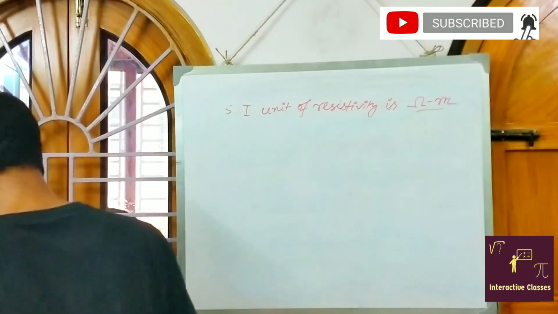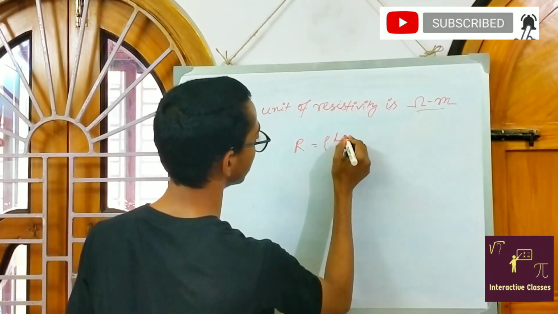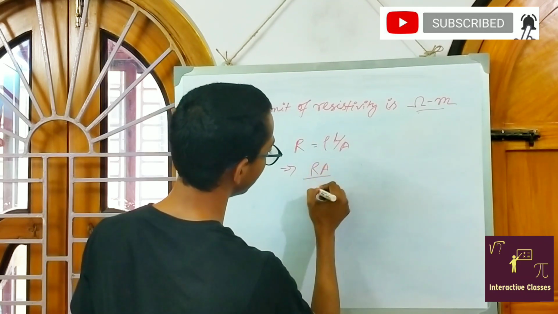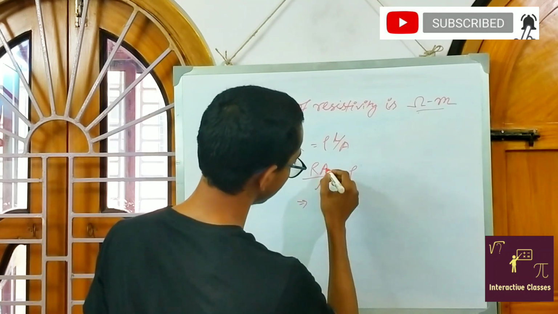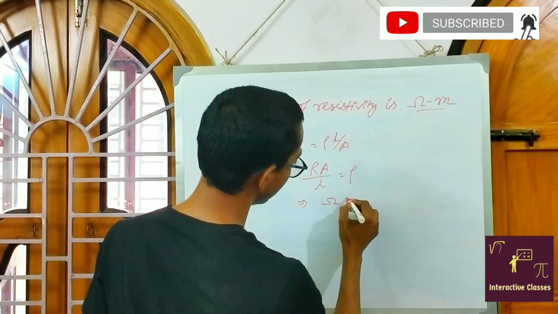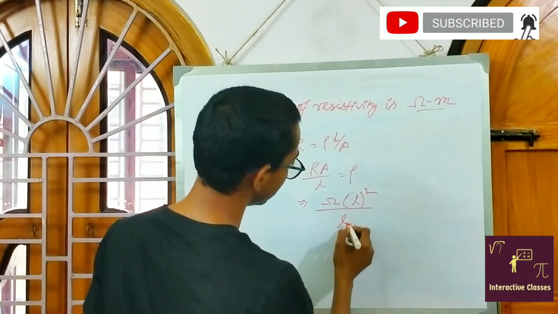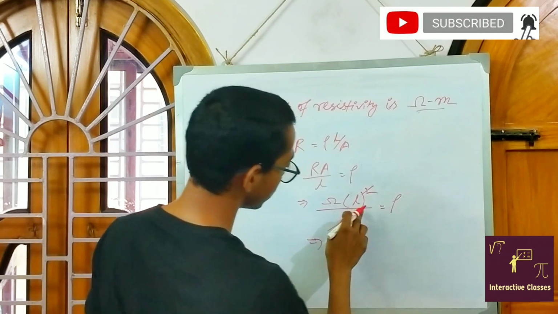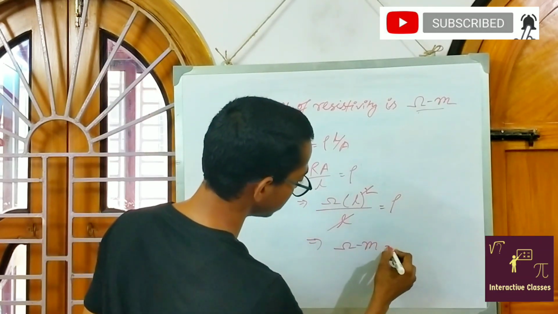That means we have R is equal to rho L by A, so rho is equal to R A by L. R means ohm, and area is basically length square, and this is L. If we cancel this, the unit of length is meter and resistance is ohm.